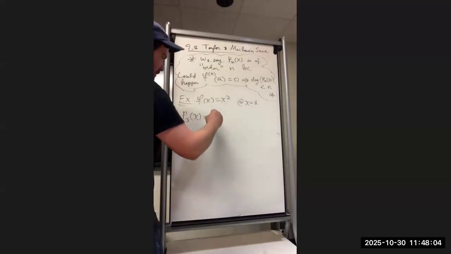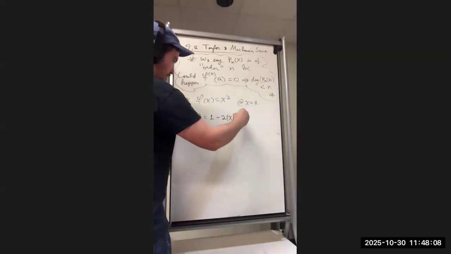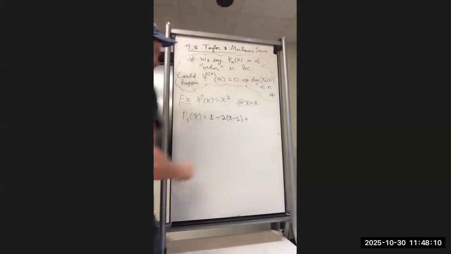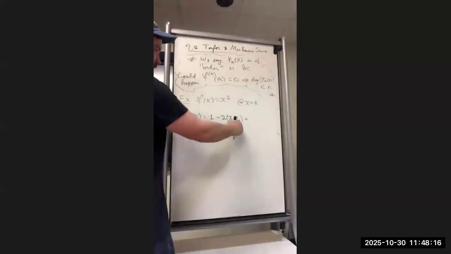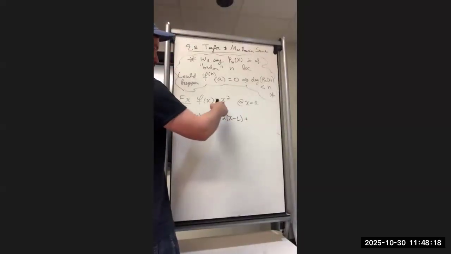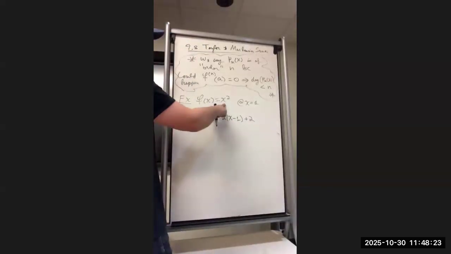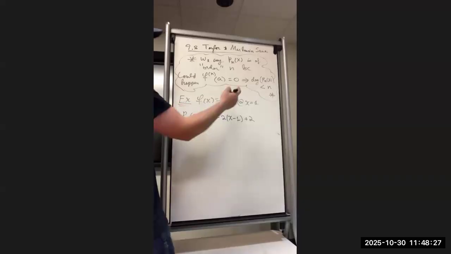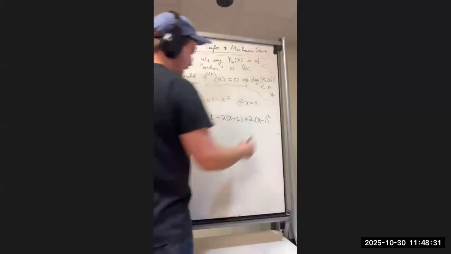Well, we already know the first two terms, so that's P1. What will P2 have? It'll have those plus another derivative evaluated at 1. Well, the second derivative of this is just 2. Great. And then we'll have x minus 1 squared.